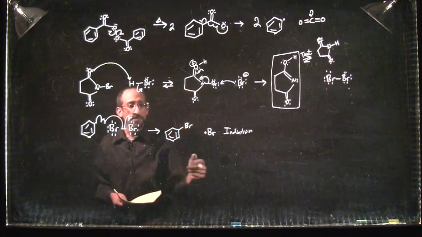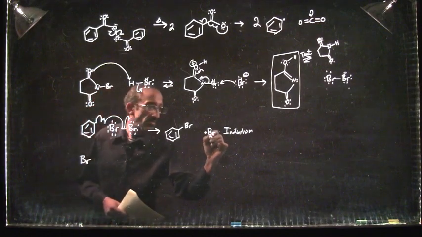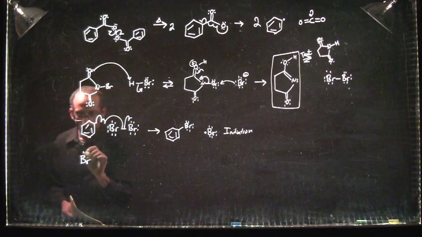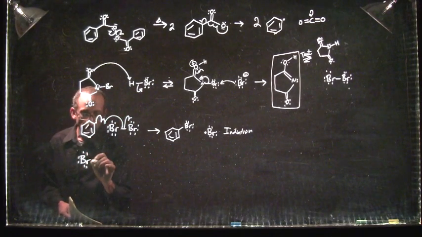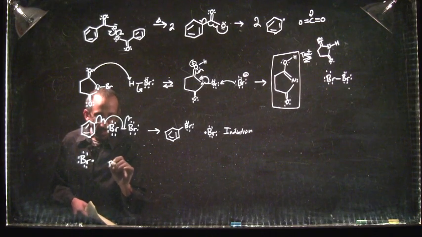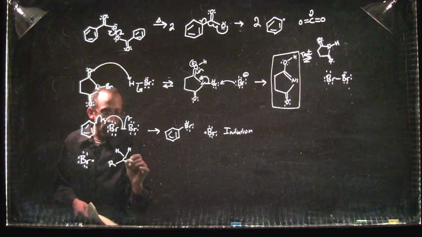From there, our bromine radical can find an allylic or benzylic hydrogen. Here I'm going to show a benzylic example.